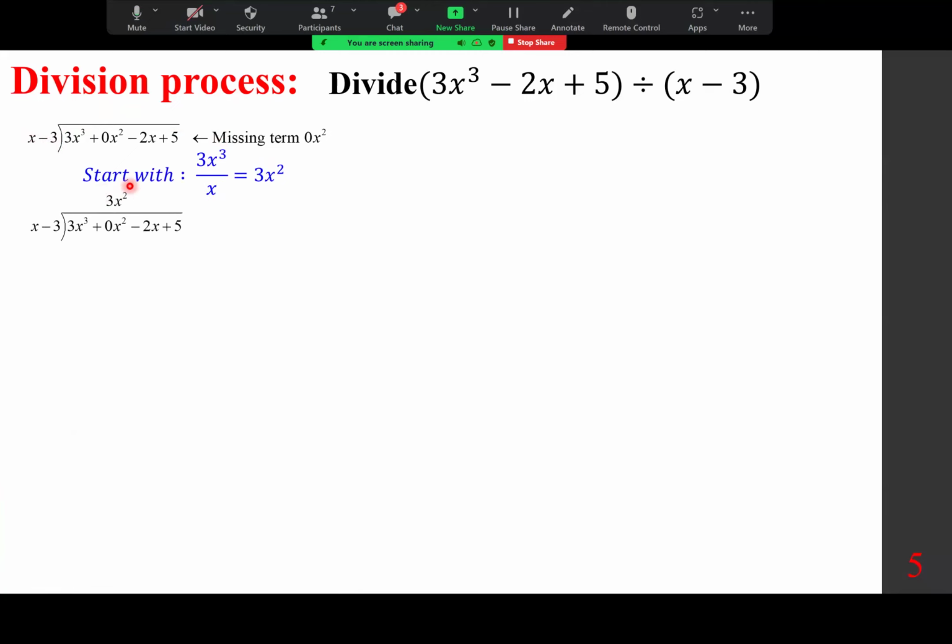So when you multiply these two, you get 3x cubed minus 9x squared. And you have to subtract this from up here, just the way we did it with numbers. You subtract this one from this one. That means you can change the sign and add them up, 9x squared.